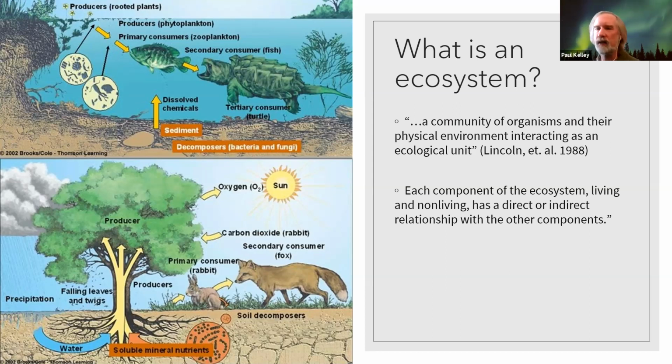I think it's a good way to approach this topic because an ecosystem is all about plants and animals, non-living components of a place that work together to create a community. And it's all about energy, energy going from one form to another.